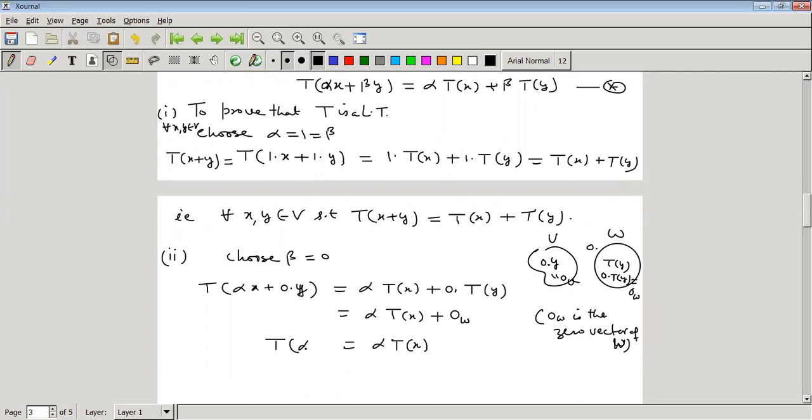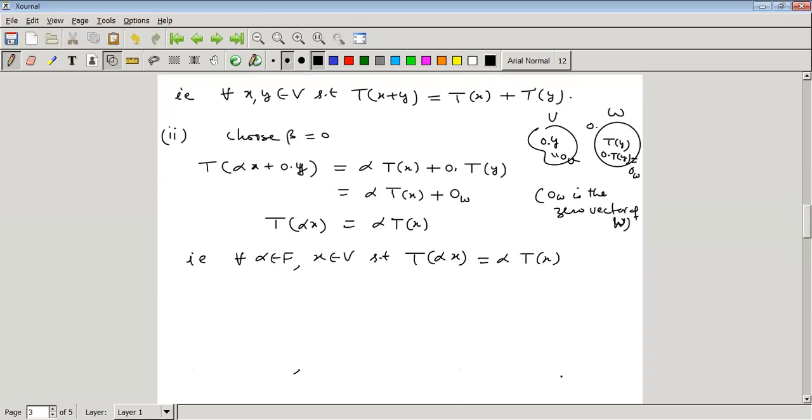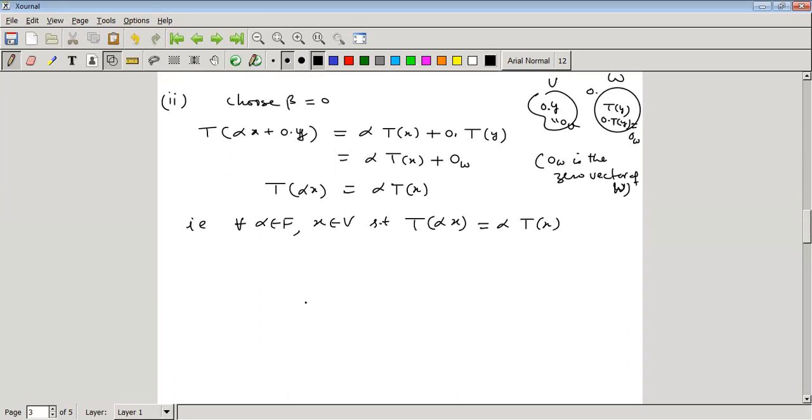So that is, for any alpha in F, x in V, T of alpha x equals alpha times Tx. So this satisfies both the conditions. Hence T from V to W is a linear transformation.